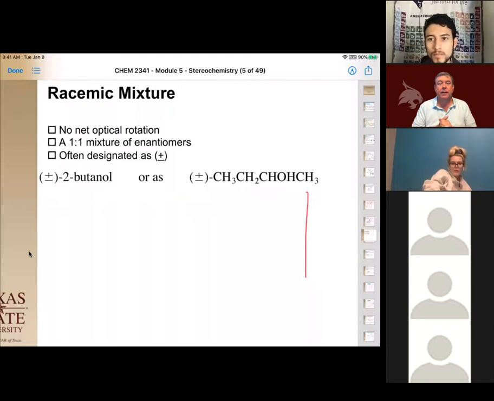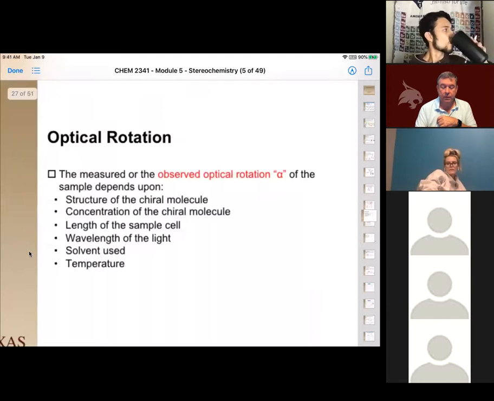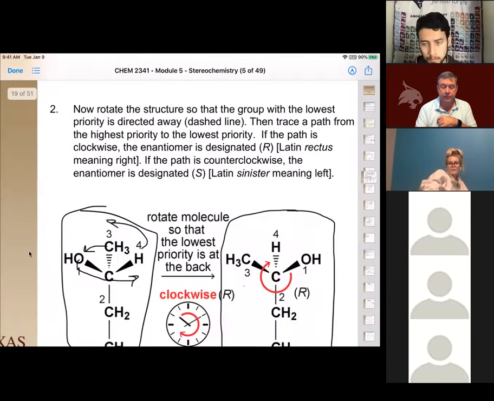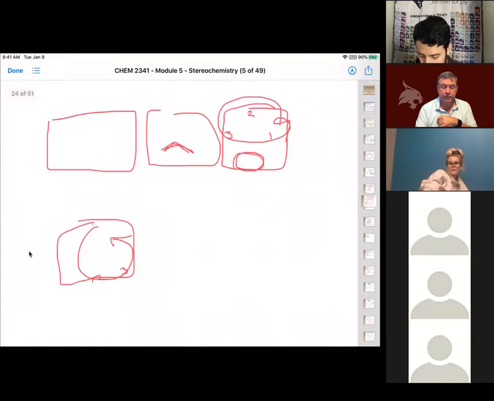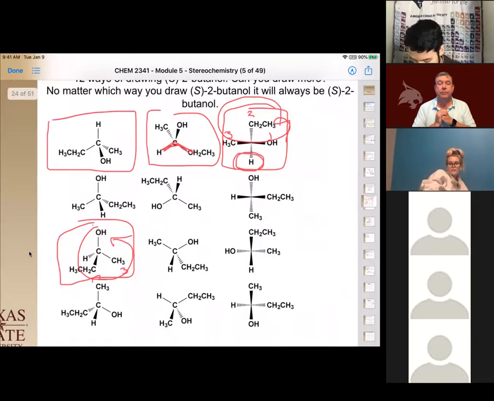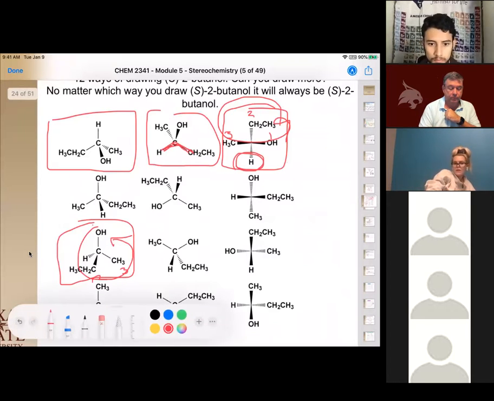Hi, Dr. Irving. I actually did have a quick question about the slide where you're saying there's 12 different ways to draw the S-2-butanol. I think it was that middle example, the way things were numbered there.